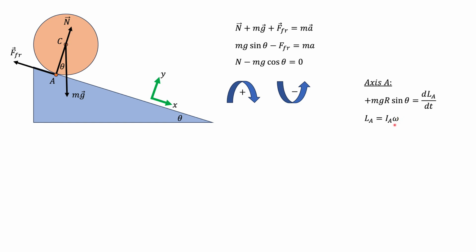Notice that in this case, we are also assuming that angular velocity is positive in a clockwise direction, and angular momentum is also positive in a clockwise direction. Now, if you plug this formula into the previous equation, this is what we're going to have.